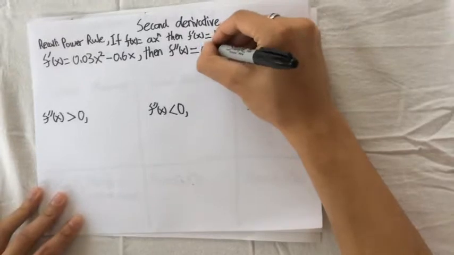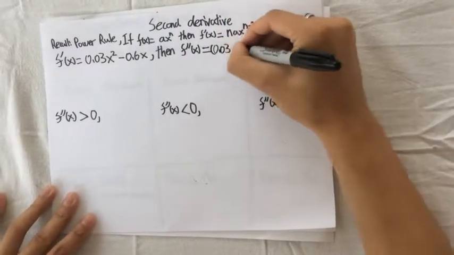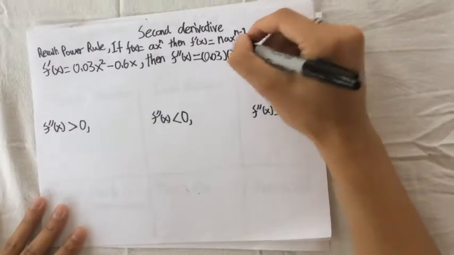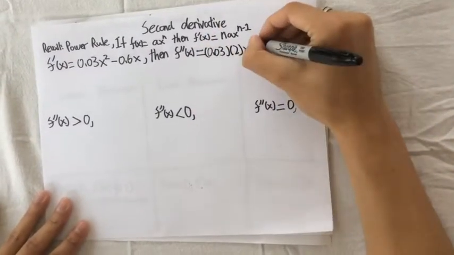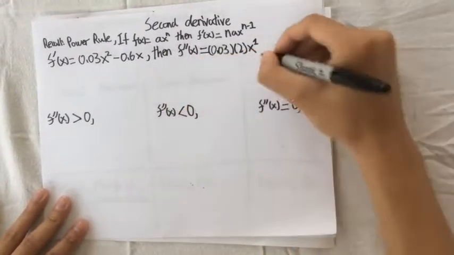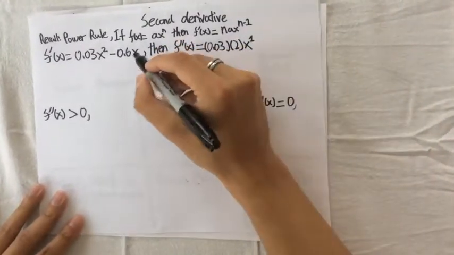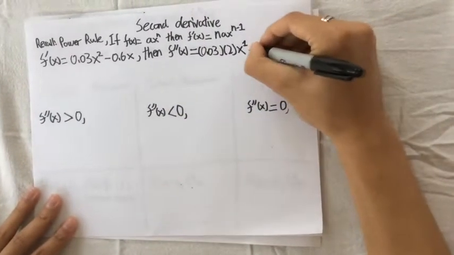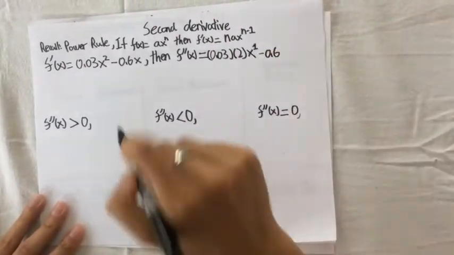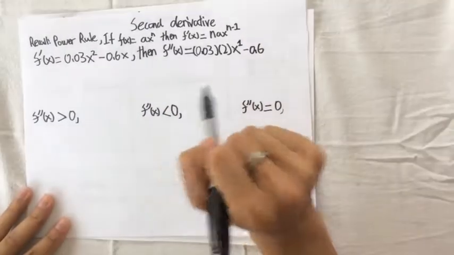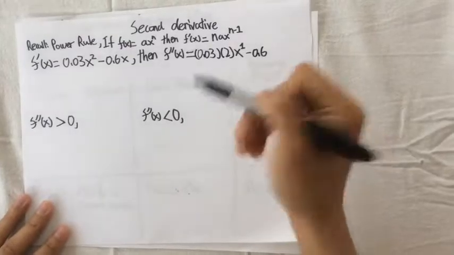So in this case, 0.03 multiplied by 2x, and the degree is 1 degree lower, so it becomes 1. Then we do the same thing here. The leading coefficient is negative 0.6, and the degree is 1, so it's still negative 0.6. Since we take 1 degree lower, x to the power of 1 degree lower than that is x to the power of 0, which is just 1.